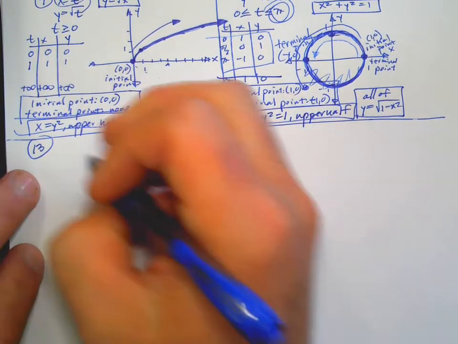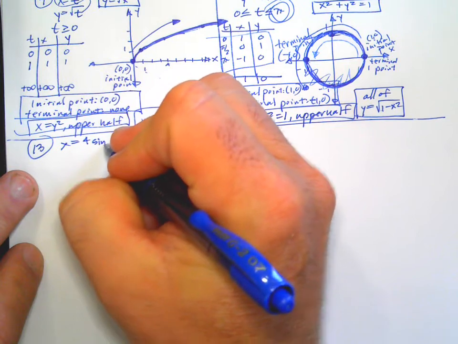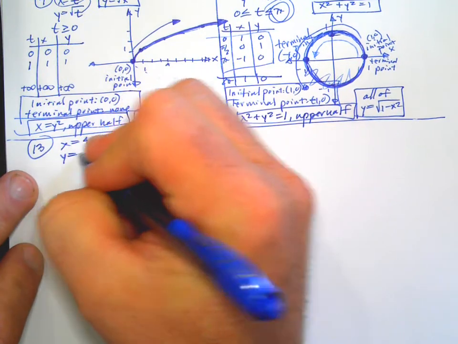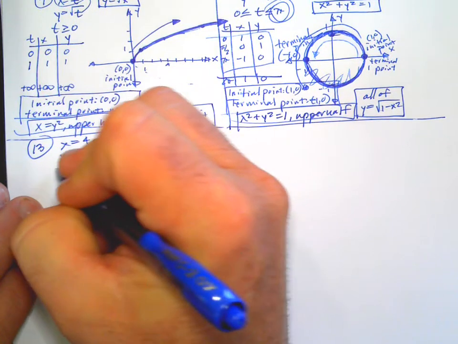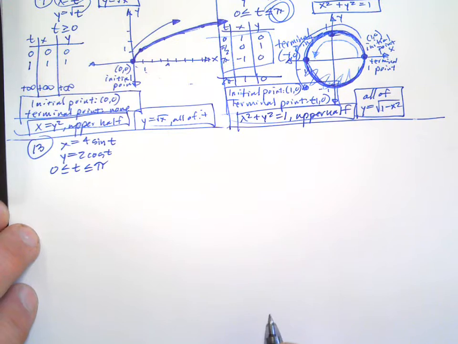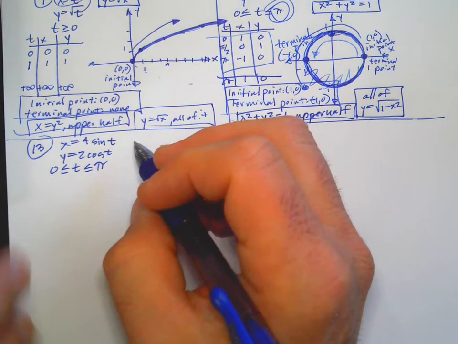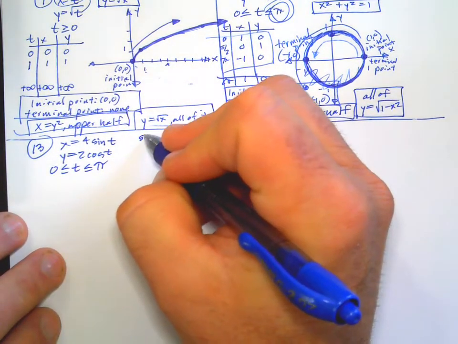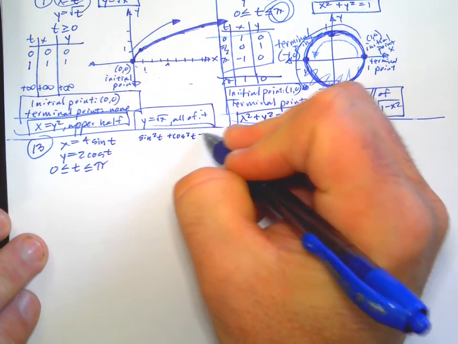Okay, so 13 is x equals 4 sine t, y equals 2 cosine t. T is between 0 and pi. So first thing I'm going to do, we're going to use sine squared plus cosine squared equals 1.